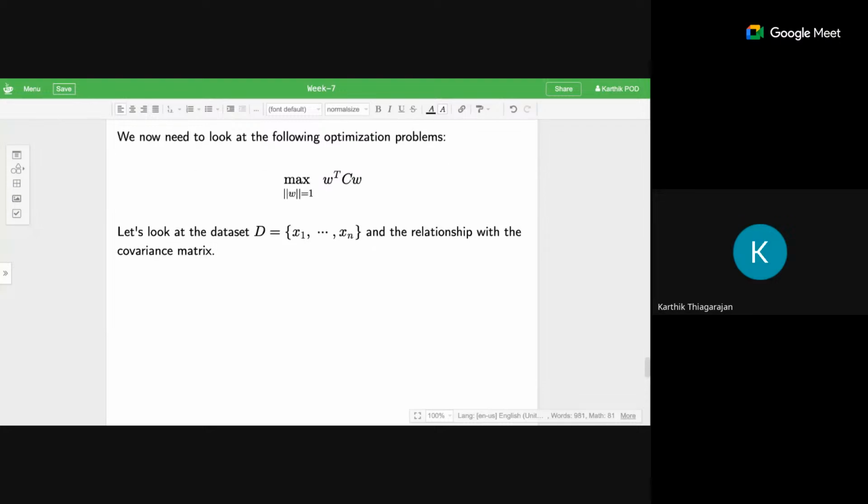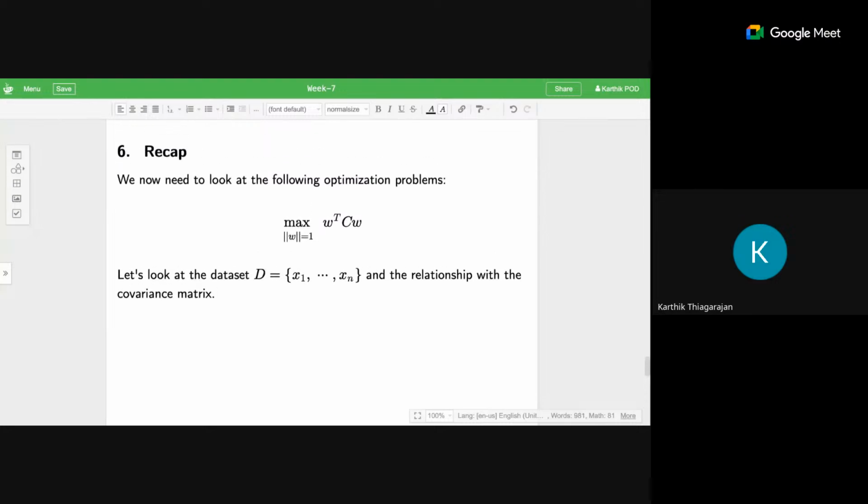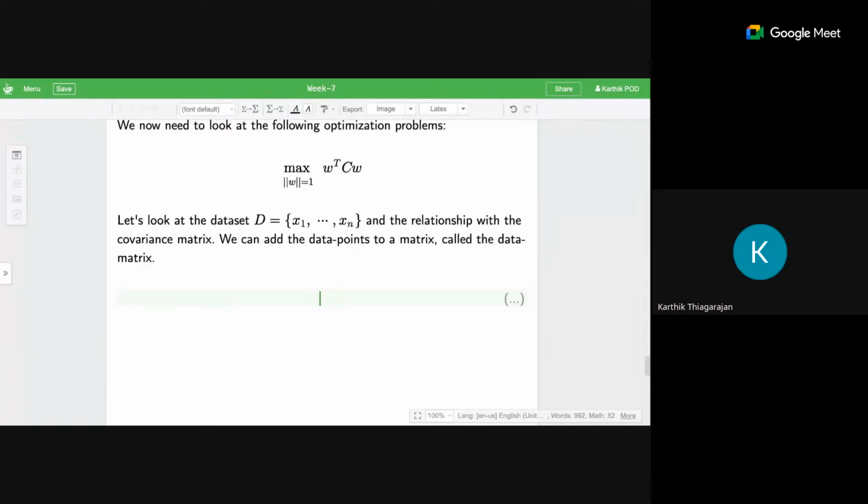The convention we are going to follow is the following. What we can do is add the data points. When I say data point, each one is a data point, x1, x2, they're all data points. So we can add the data points to a matrix called the data matrix. We discussed this yesterday. It's called the data matrix or sometimes the design matrix.